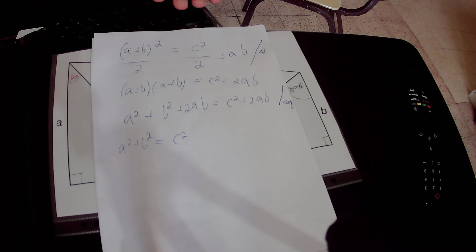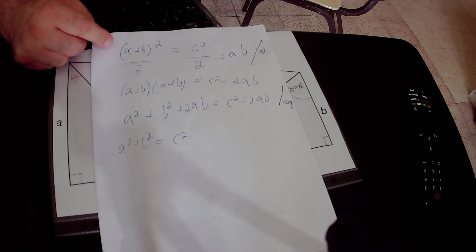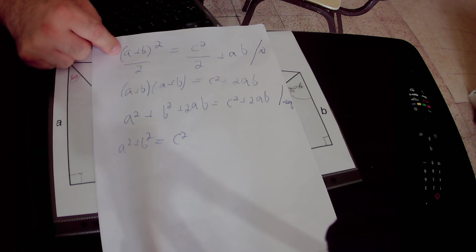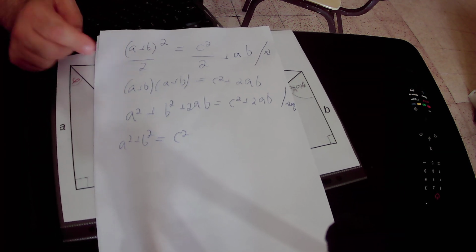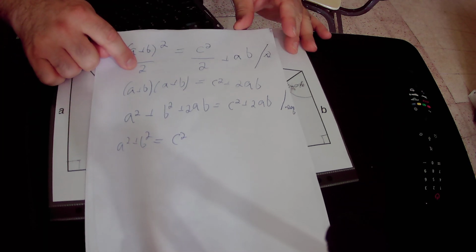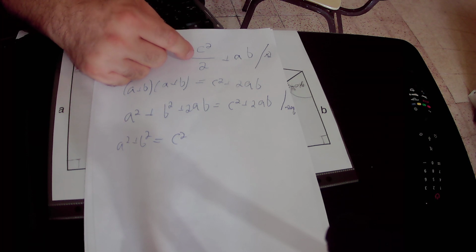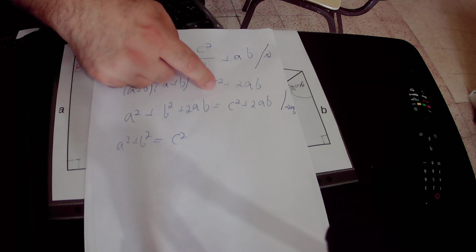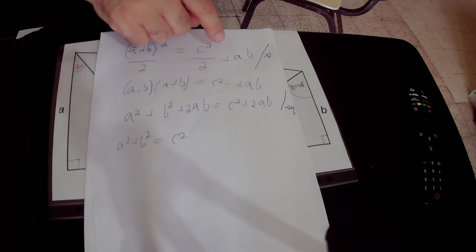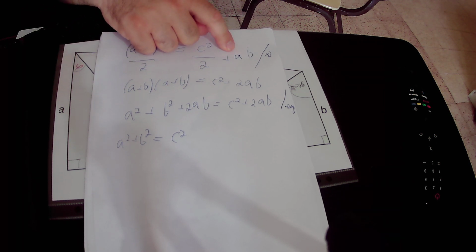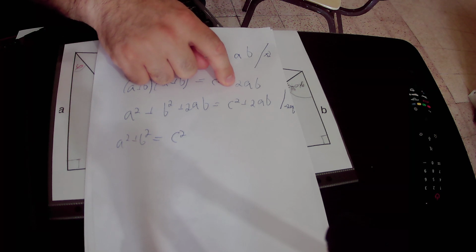Now we can multiply this equation by 2. Then we get A plus B times A plus B, the 2 is cancelled, and C squared divided by 2 times 2 is C squared, and A times B multiplied by 2 is 2AB.